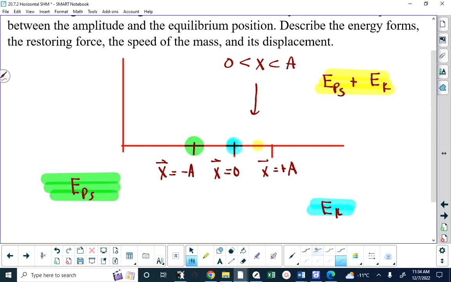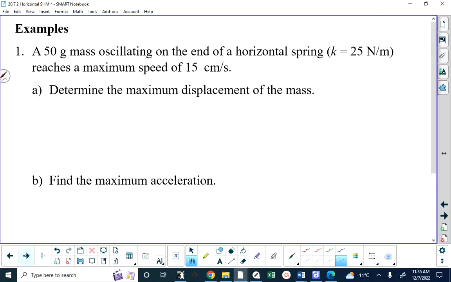I can say the maximum potential energy is equal to the sum of potential and kinetic somewhere else. Or I could say the sum of kinetic and potential somewhere else is equal to the maximum kinetic. If mechanical energy is conserved, all three of those things are always the same. And now we're going to put that into practice. So we're looking at example 1.